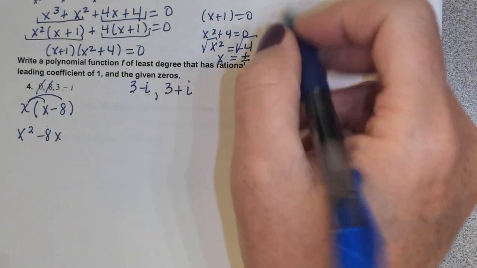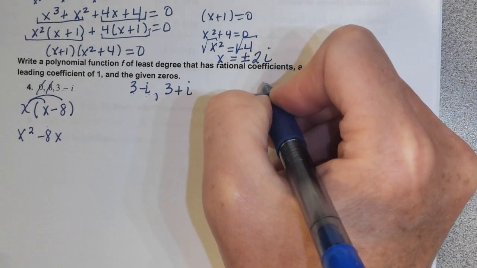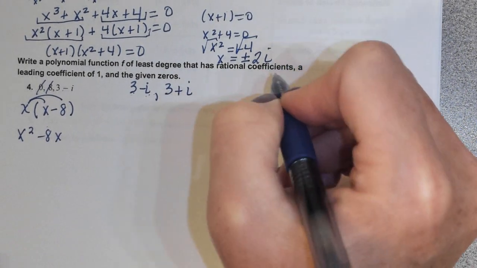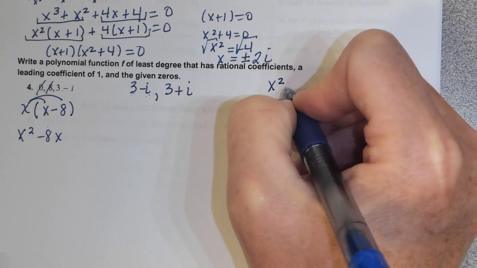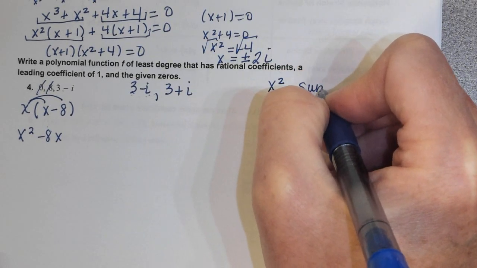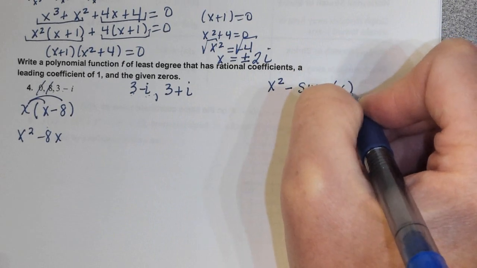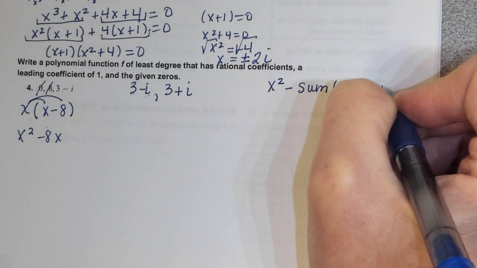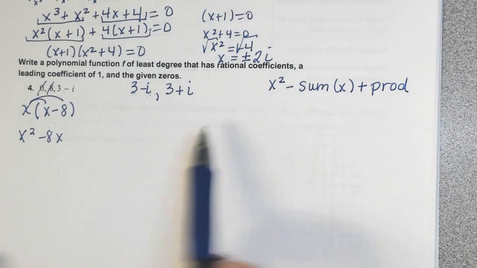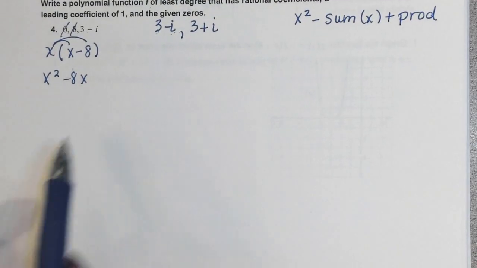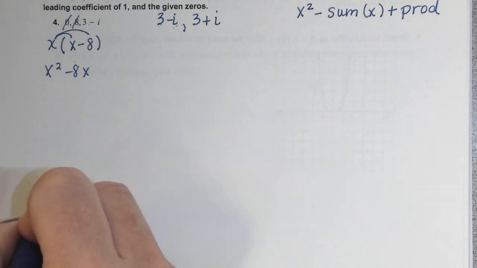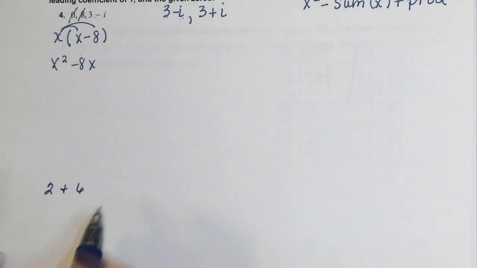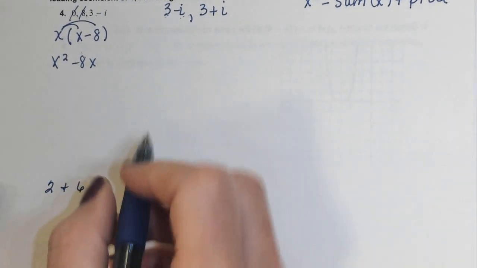Every time I know two solutions, I know that the factor that those came from has to be x squared minus the sum of the solutions times x plus the product. Okay, I want to come down here for a minute and just explain that. This is just this formula. So let's say that 2 and 6 are the solutions. Okay, what's the sum of 2 and 6?